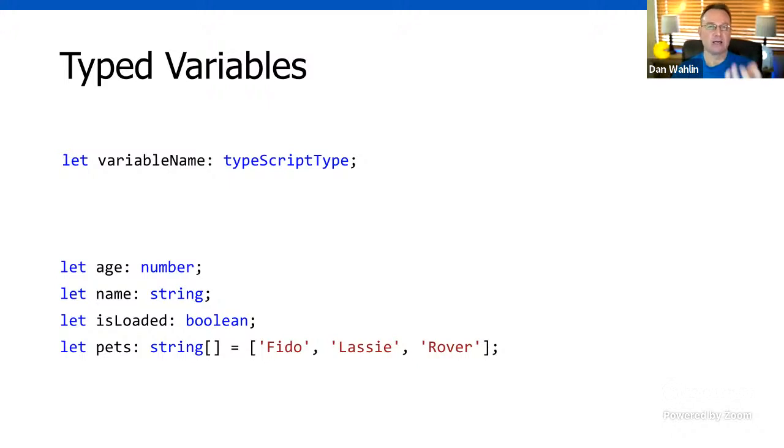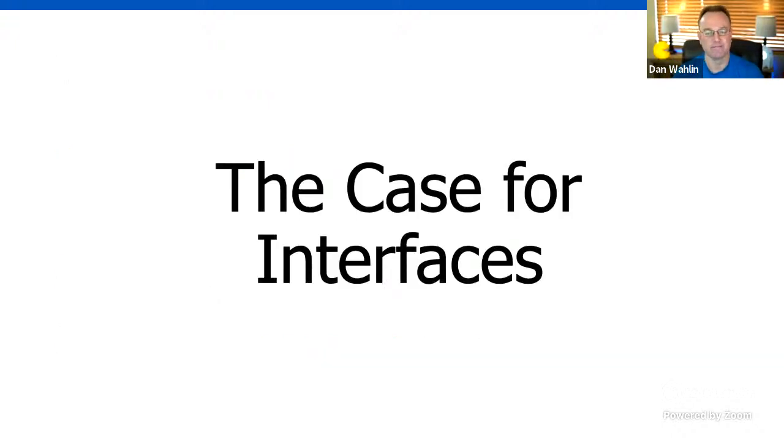Well, if you had a customer and it has first name, last name, things like that, wouldn't it be nice if as you're typing, you could actually get really good IntelliSense or code help, and it could catch errors, just like it would if you assign an invalid value to age or name that you see here. So with that, I think of TypeScript as adding guardrails.